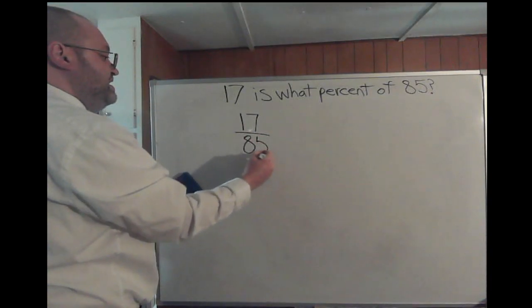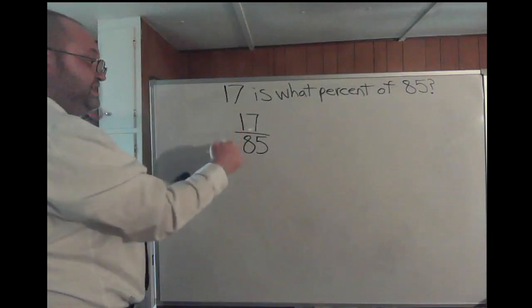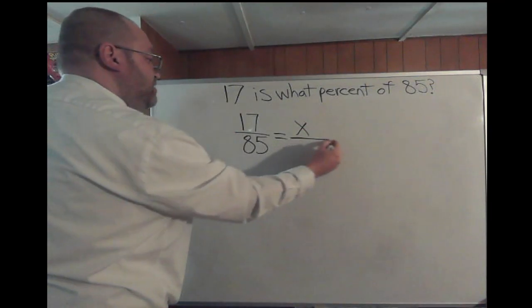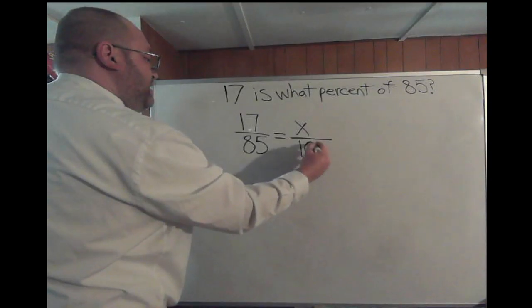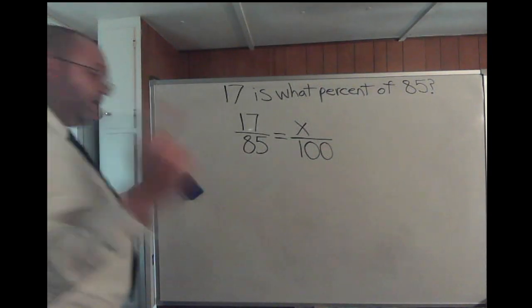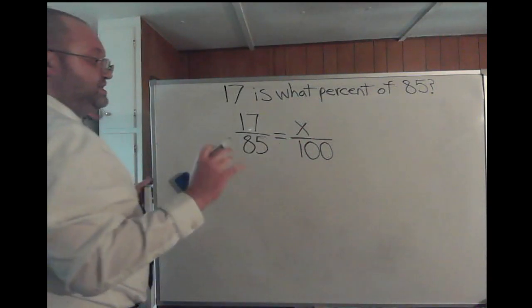You got 17 in your numerator, 85 in your denominator. We want to know what percent that is. So on the right hand side, it's always going to be out of 100 for the right hand side ratio of this proportion. We don't know what the percent is, so that's going to be x.